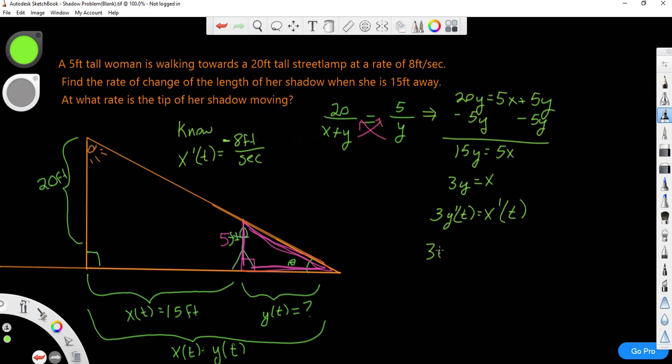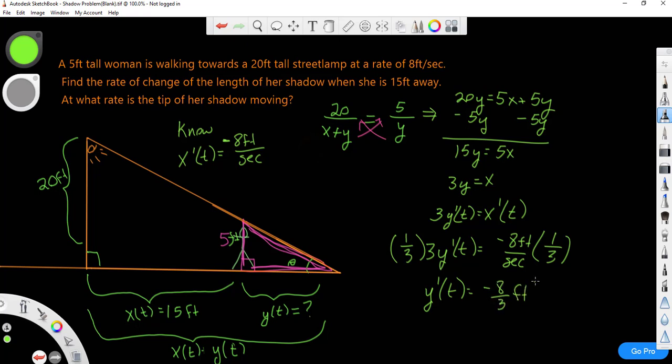So 3 times y prime of t equals negative 8 feet per second. Now I can multiply both sides by 1/3, and what I get is that y prime of t equals negative 8/3 feet per second. Great. So that is the rate of change of her shadow when she's 15 feet away.